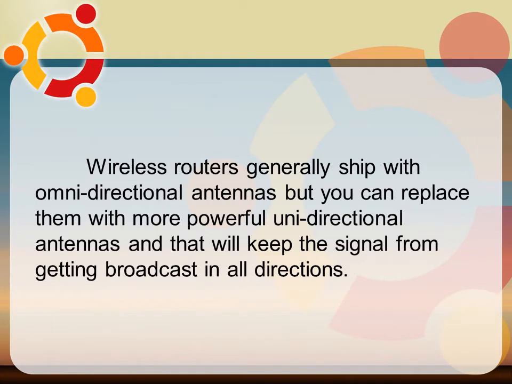Wireless routers generally ship with omnidirectional antennas, but you can replace them with more powerful unidirectional antennas, and that will keep the signal from getting broadcast in all directions.